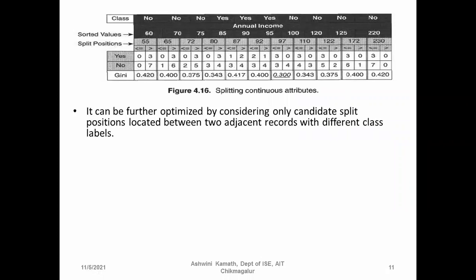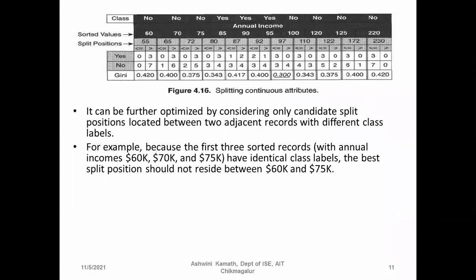Here it can be further optimized by considering only candidate split positions located between two adjacent records with different class labels. For example, you can see here for annual income 60, 70 and 75K, you can notice almost the same values.